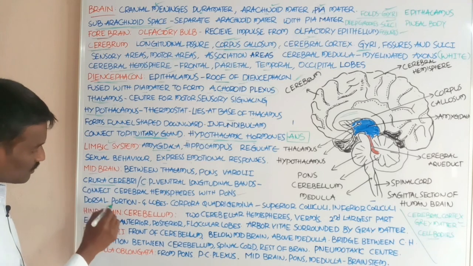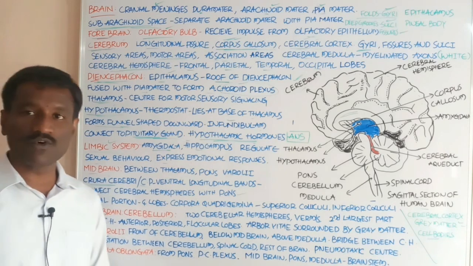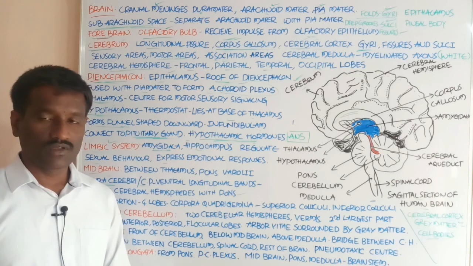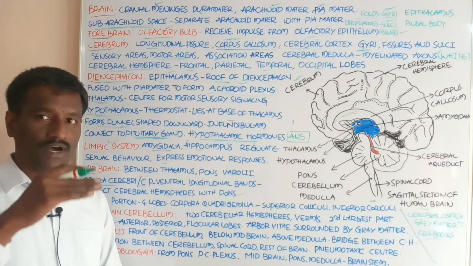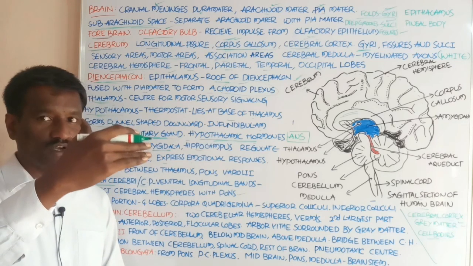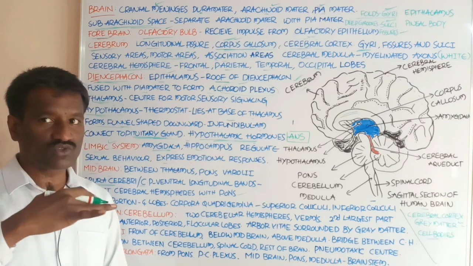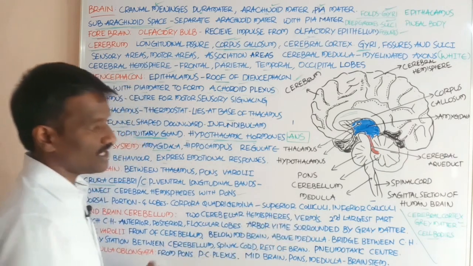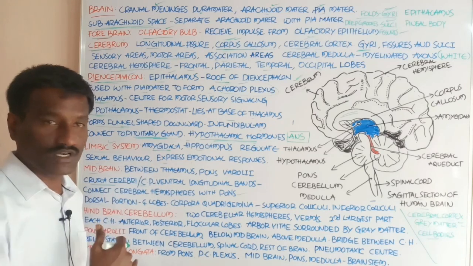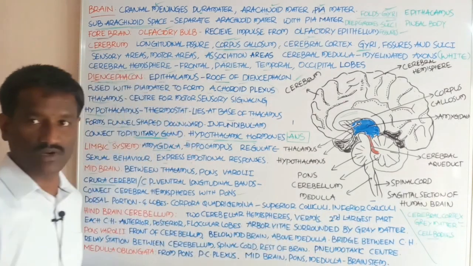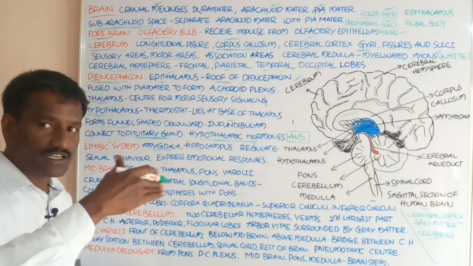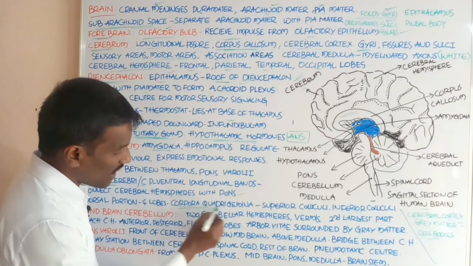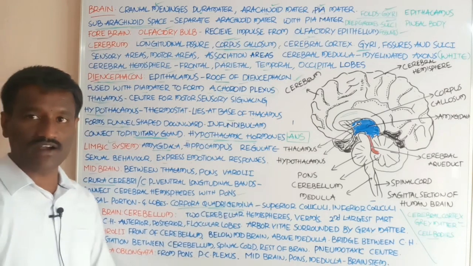Next, what about the dorsal portion of the midbrain? If you observe, it consists of 4 lobes. The upper portion consists of 2 lobes, and the lower portion also shows 2 lobes. The upper ones are called superior colliculi, and the lower ones are called inferior colliculi. Together, these 4 lobes constitute the corpora quadrigemina.